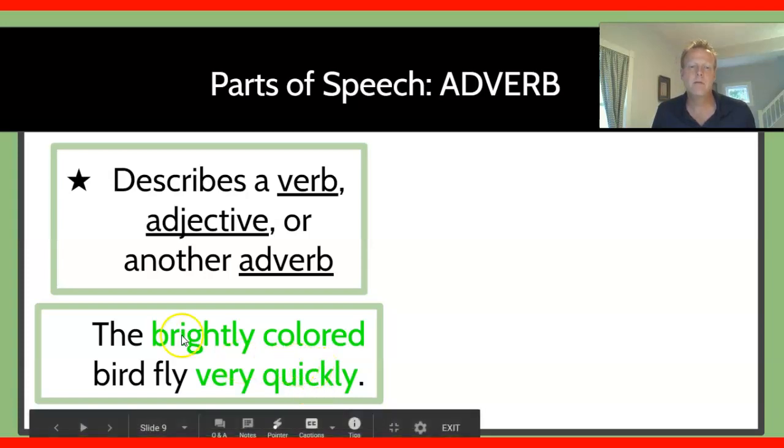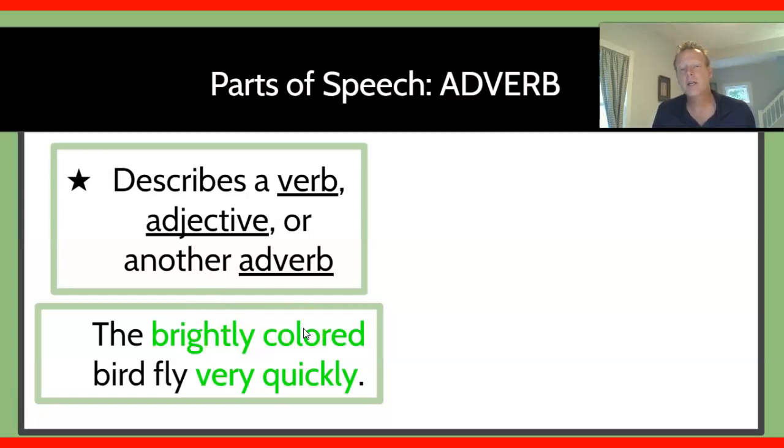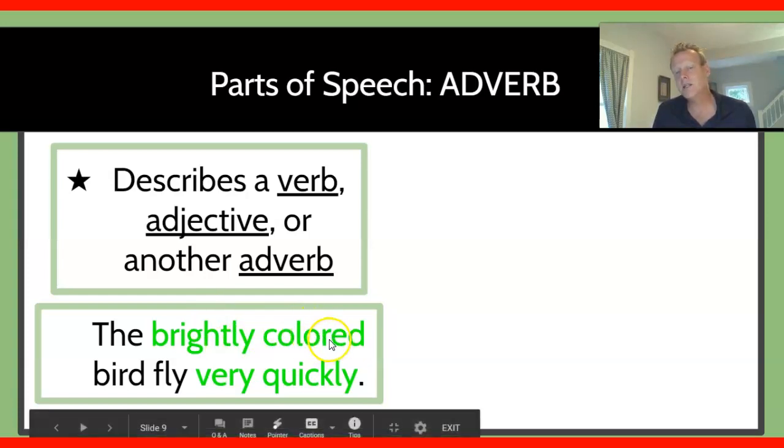Brightly colored, brightly is an adverb. Colored bird. Now this, in fact, is an adjective describing bird. Brightly describes colored. It's an adverb.